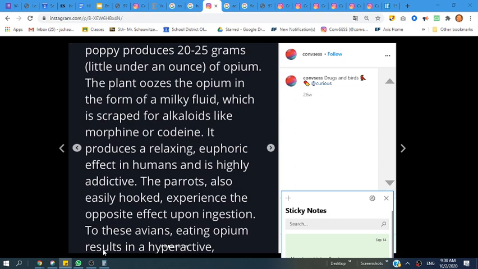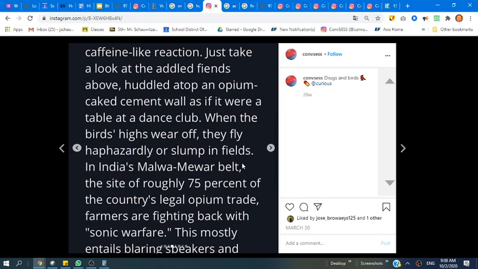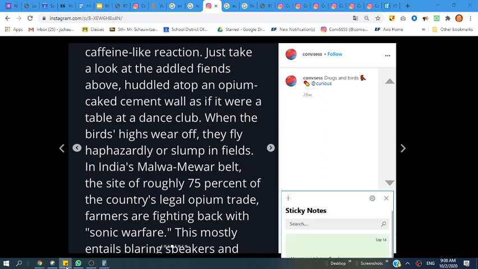To these avians, eating opium results in a hyperactive, caffeine-like reaction. Just take a look at the finches above, huddled atop an opium-caked cement wall as if it were a table at a dance club. When the birds' highs wear off, they fly haphazardly or slump in fields. In India's Malwa belt, the site of roughly 75% of the country's legal opium trade, farmers are fighting back with sonic warfare.